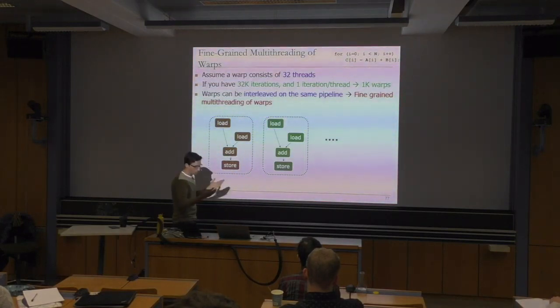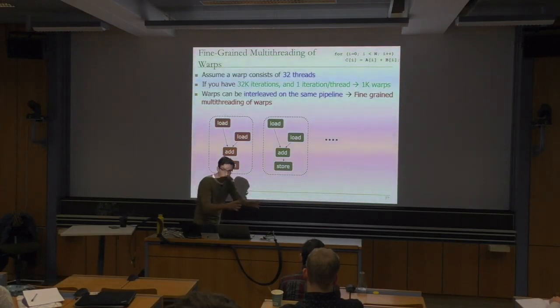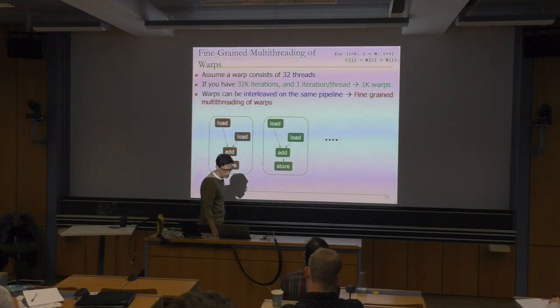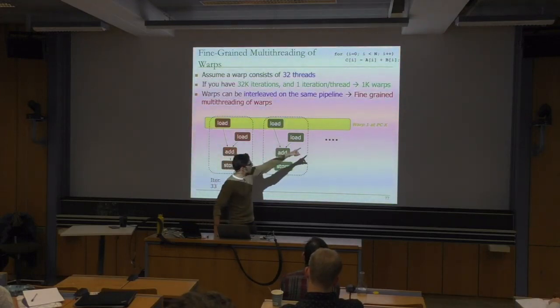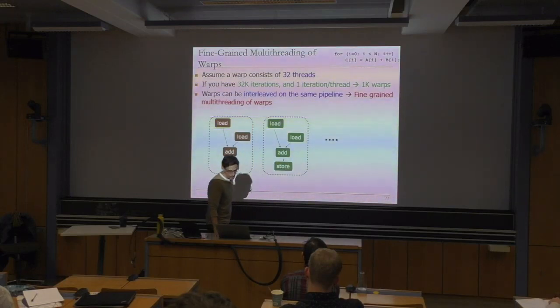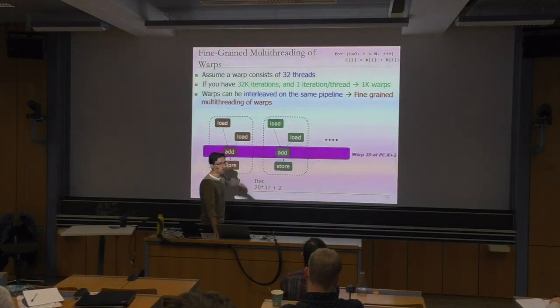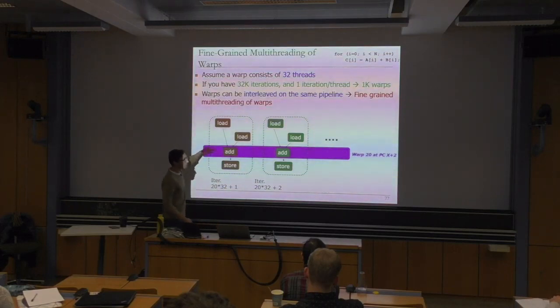So now, if we have our SIMD processor where we want to execute these warps, we may want to first issue this instruction for warp 1, and then this instruction for warp 20. Obviously, if we do this, it is because we already executed this and this for warp 20.